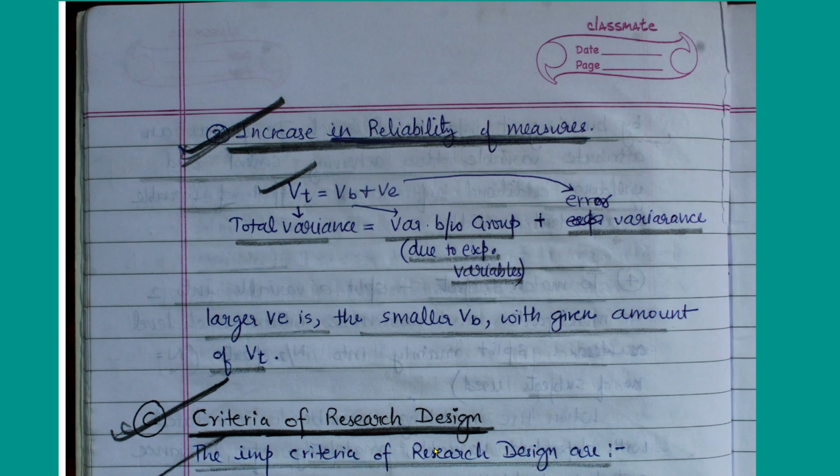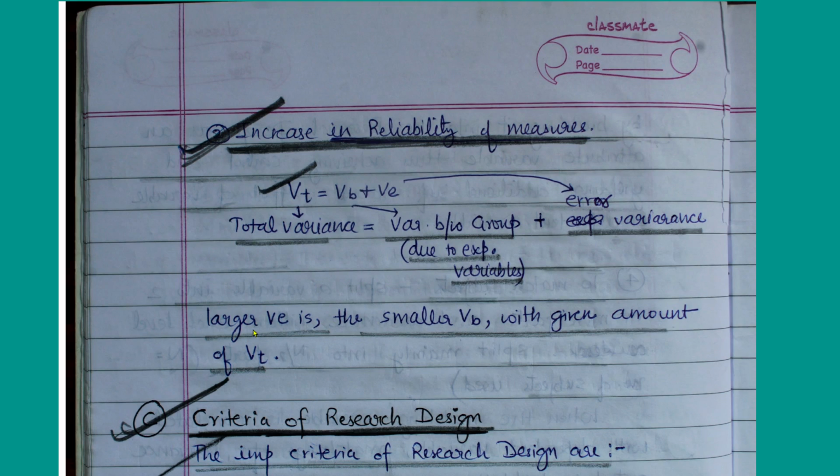So here I have given just a formula: total variance is equal to variance between groups due to experimental variables plus error variance. Both variances will add to your total variance. That's why we have to minimize this error variance. When we minimize this error variance, automatically this experimental variance or systematic variance will increase, and this is what we need.